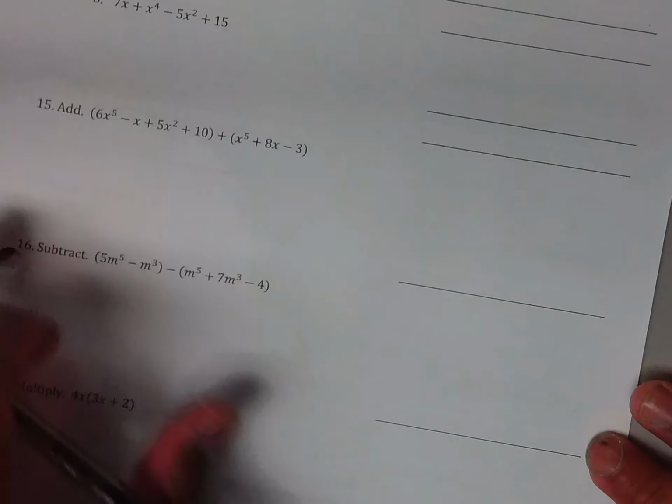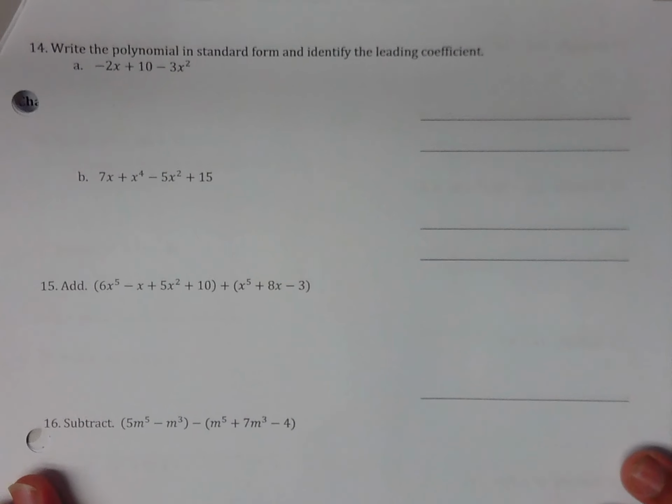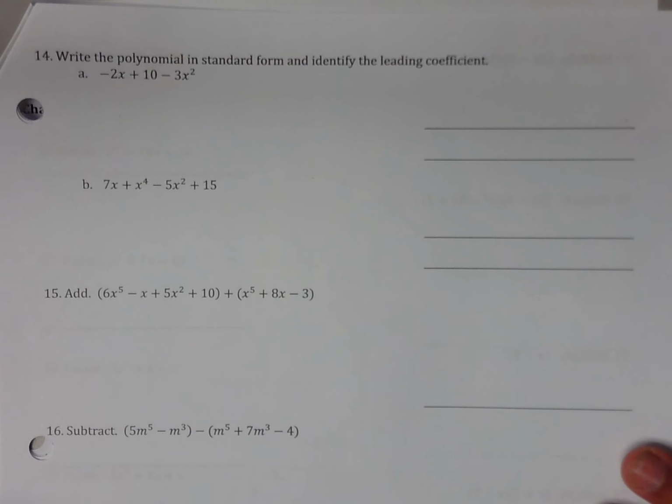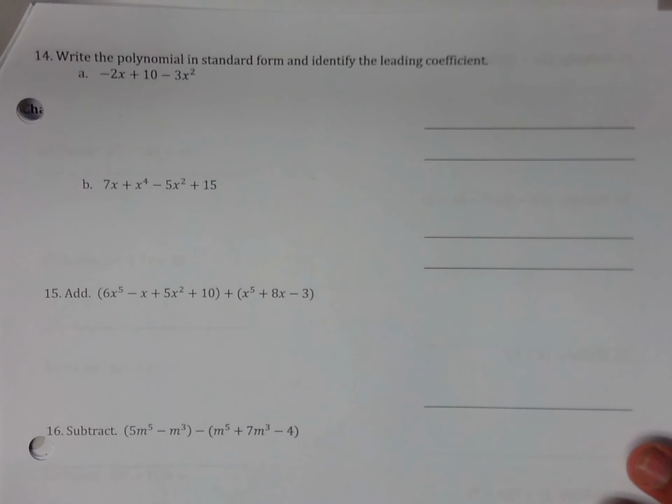All right, next page. Let's see. We want to go ahead and write the polynomial in standard form and identify the leading coefficient. So just like we wrote our quadratics in standard form, we can do the same thing with polynomials, right?